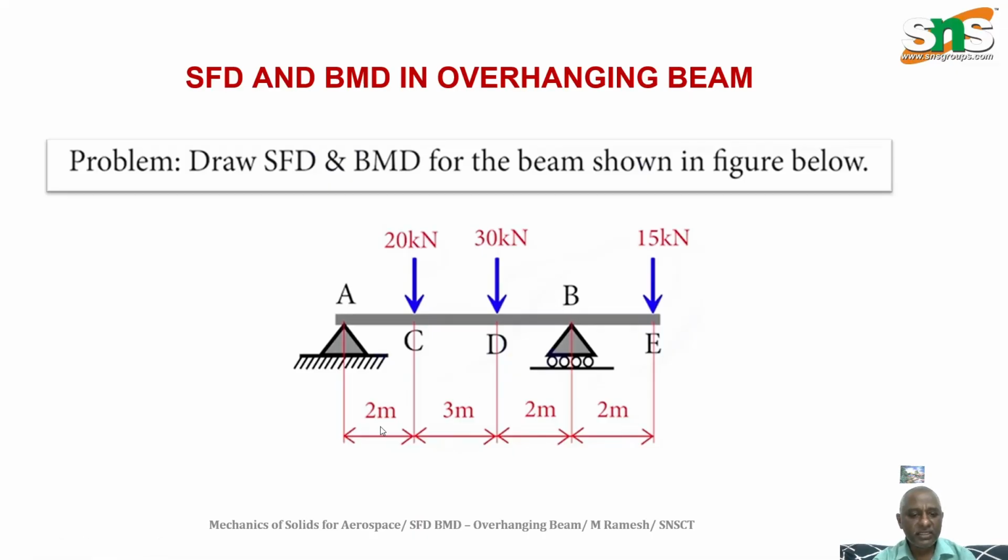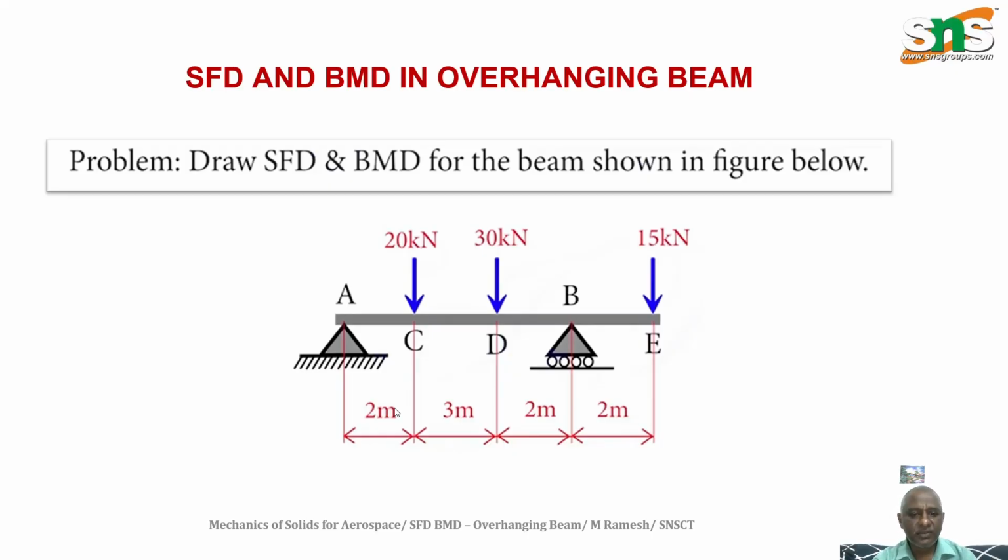The total span is 2 plus 3 plus 2 plus 2, so it is 9 meters over the entire span. The span distances are 2 meter, 3 meter, 2 meter, and 2 meter for the regions AC, CD, DB, and BE.